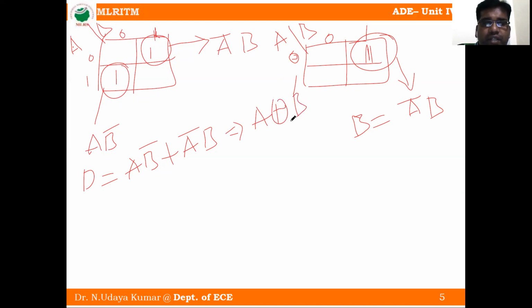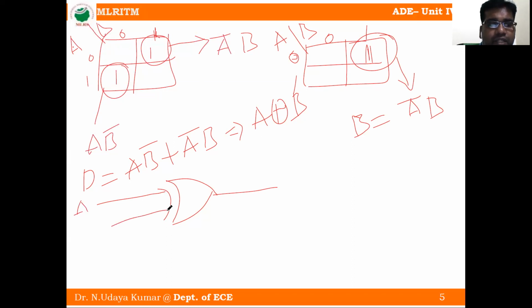So we know that this is the XOR gate. So this is A and this is B. What is the result? A XOR B. That is equal to what we call difference D.